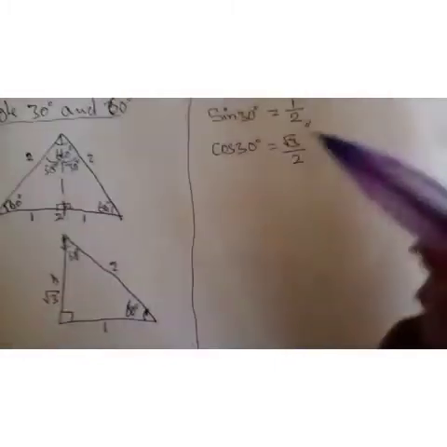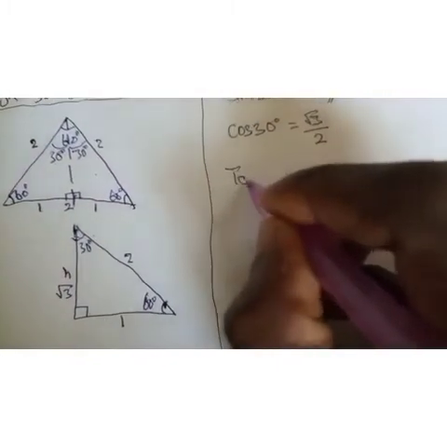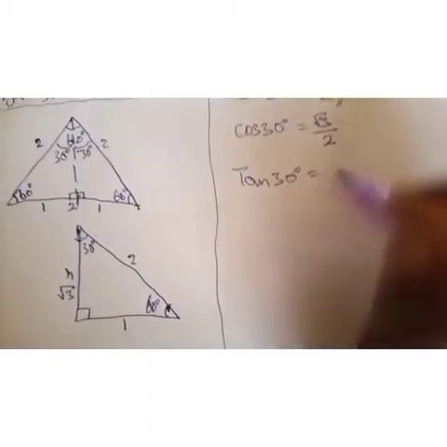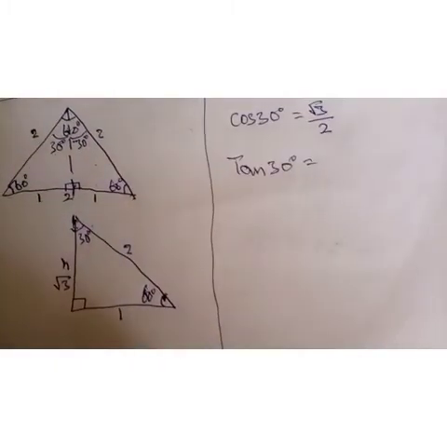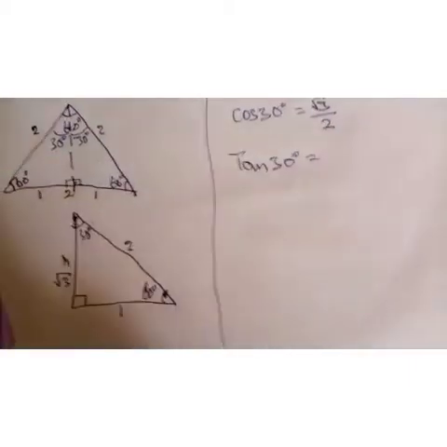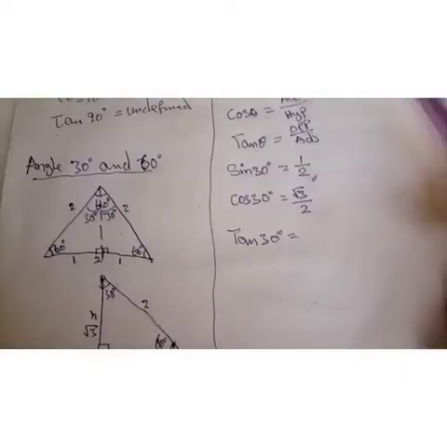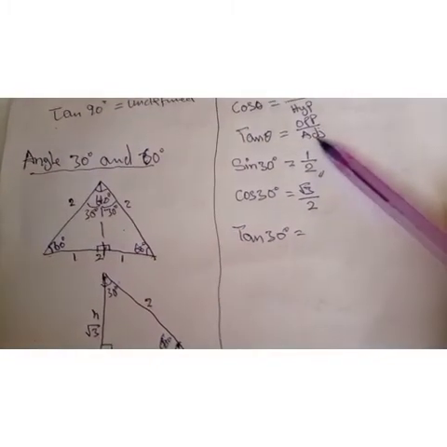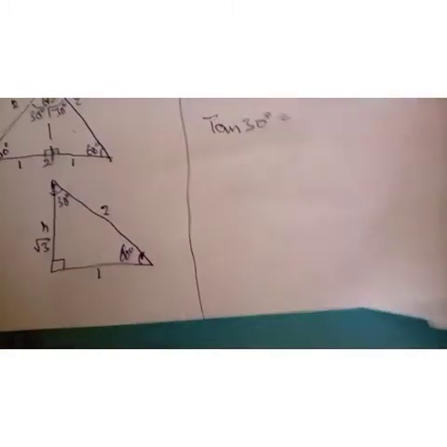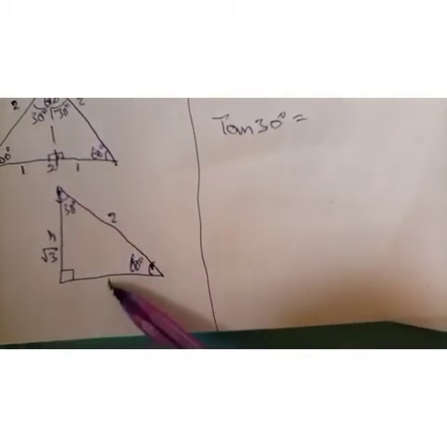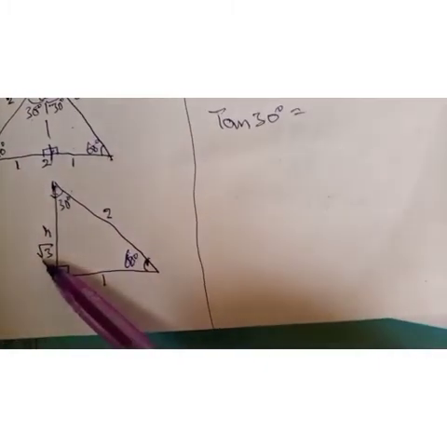And now we look at tan 30 degree. If you look at this angle, tan says opposite over adjacent. The opposite of 30 degree is 1 and the adjacent is root 3.